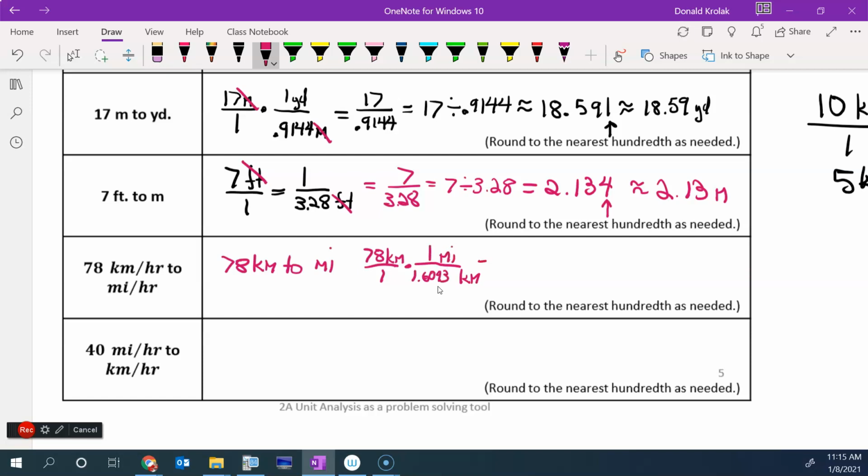Miles on the top. So that's a division. 348.